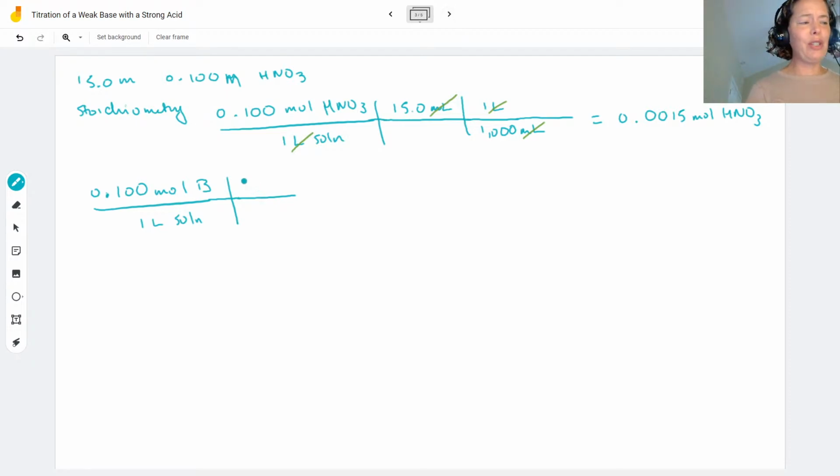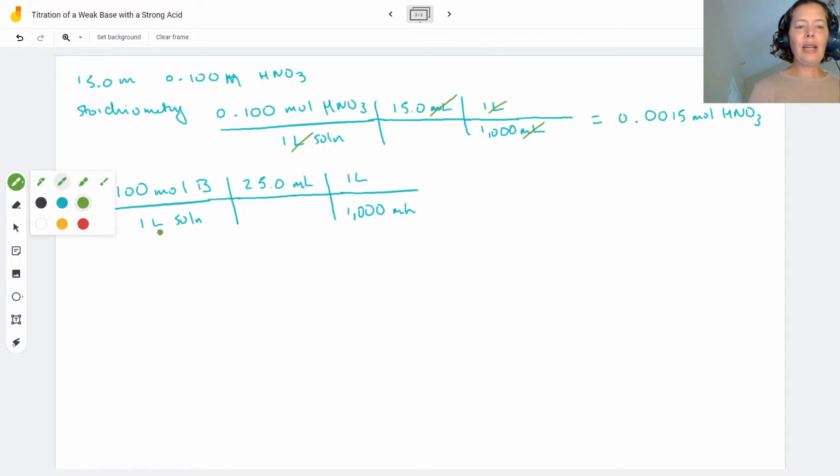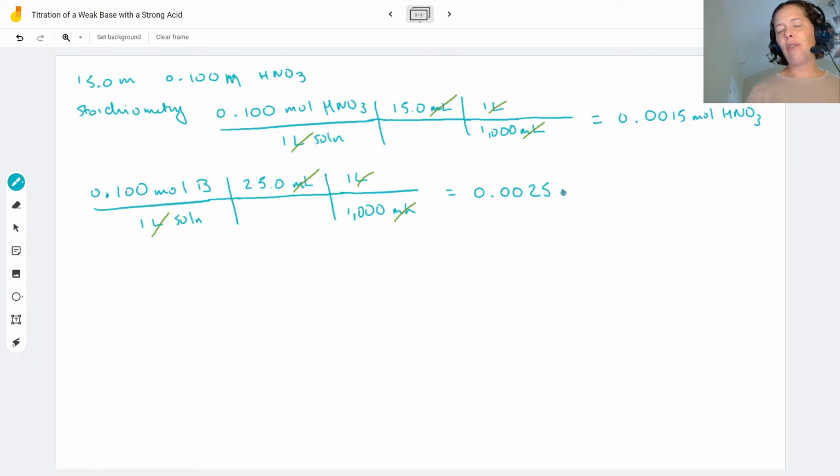And that's not something you want to do because, of course, that's going to lead you to the wrong answer. Okay, and not forgetting my conversion factor from milliliters to liters. So you can see I get my cancellation, and now I've got my moles of base, or my moles of pyridine, and this is 0.0025 moles of pyridine.